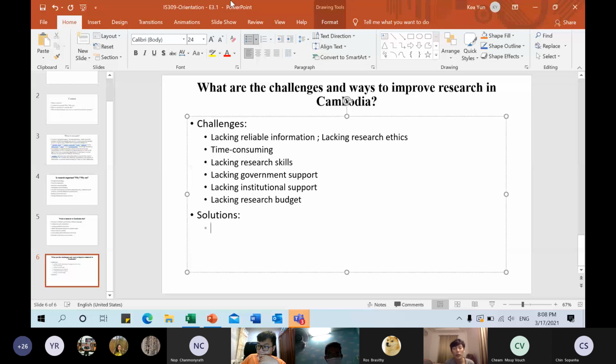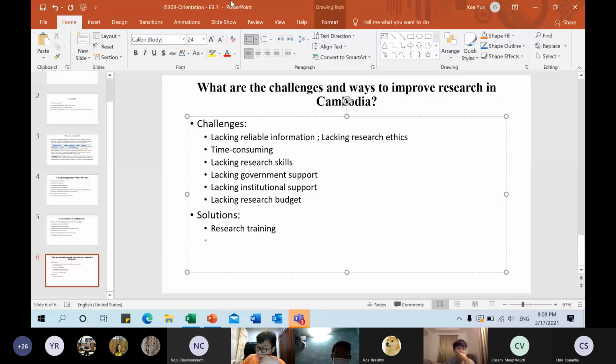First things first, we need to educate highly qualified researchers. Okay, so research training, so that we can recruit qualified researchers.